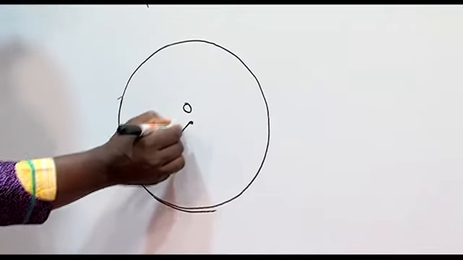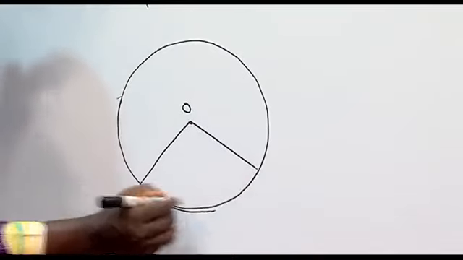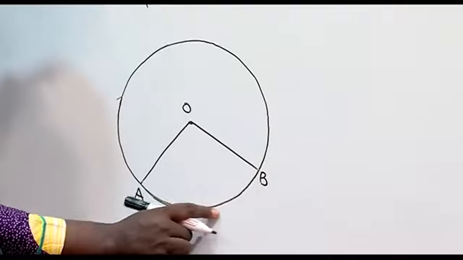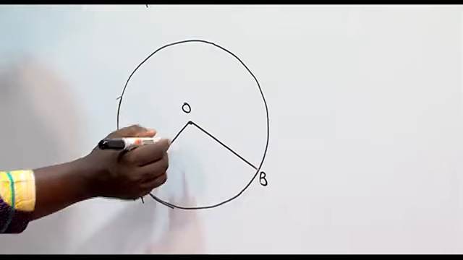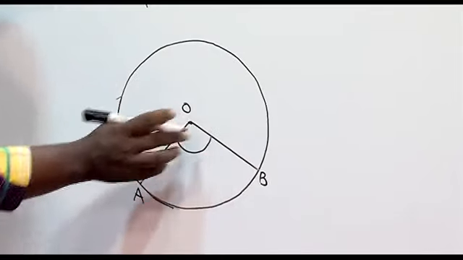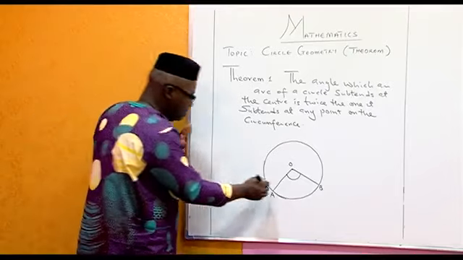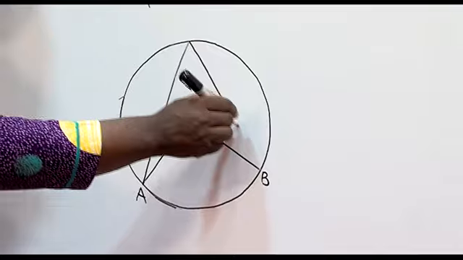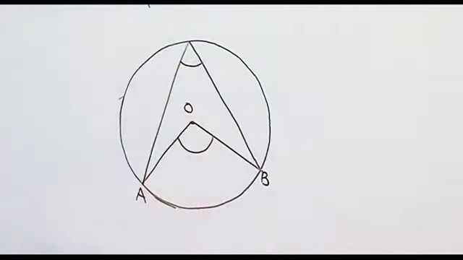We can have an arc AB. This is the arc AB. It is the minor arc AB. Now this arc AB puts an angle at the center of the circle. The same arc AB puts another angle at the circumference here.